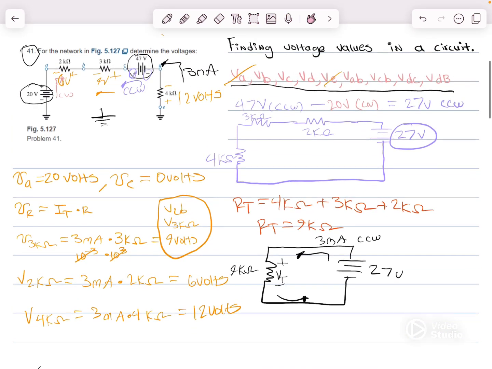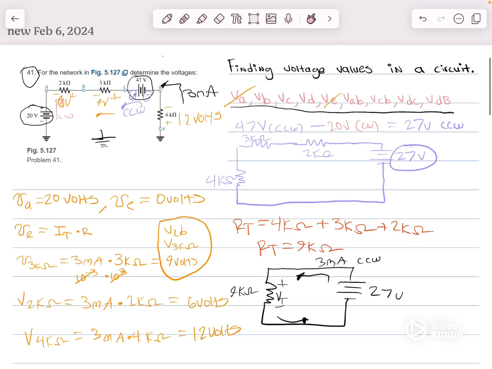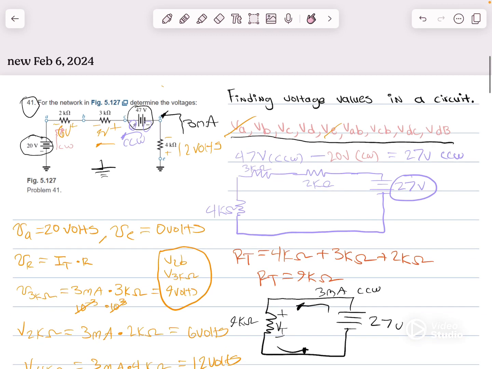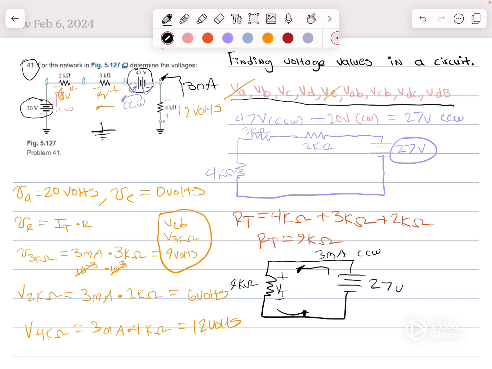To continue finding my other unknowns, I can go around and think about, am I going higher to lower? Am I dropping voltage? And what voltage am I starting at? So if I want to find the voltage at B, I can think about, okay, if I'm at A, and I know A is 20 volts, am I dropping across the resistor, going left to right?